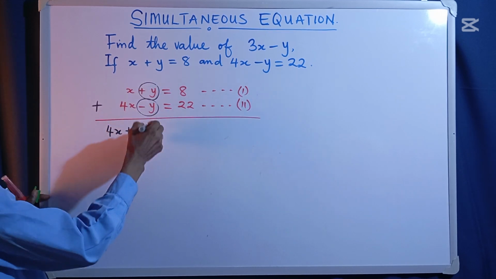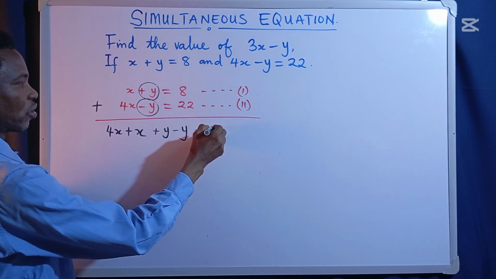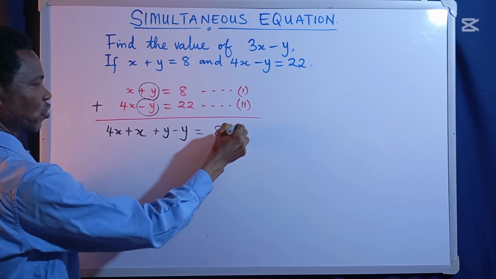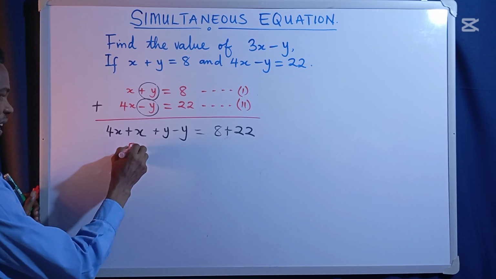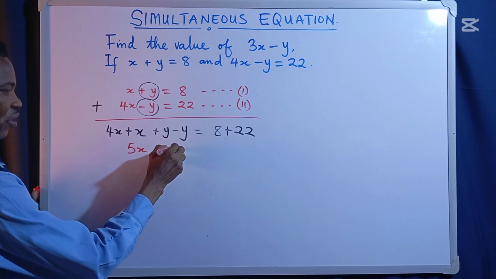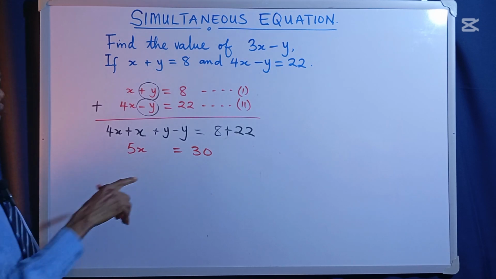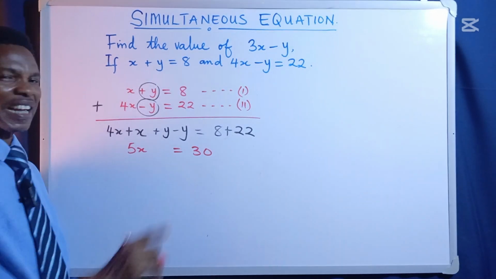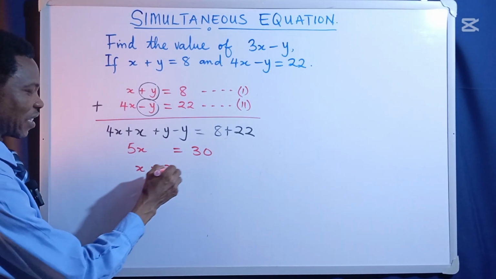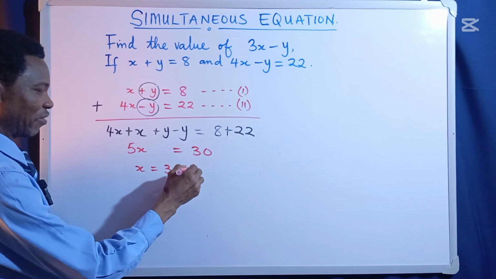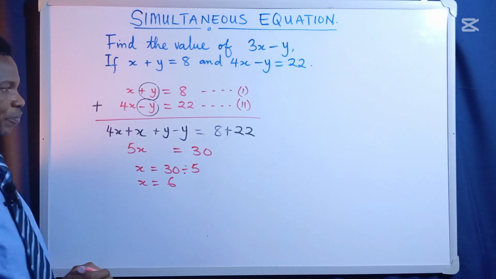Then if you add plus y and minus y, that is 0, and it is equal to 8 plus 22. So this will give us 5x, then 0, equals 30. Now, which number will I multiply by 5 to give me 30? It's simple. x is equal to 30 divided by 5. So x is equal to 6.